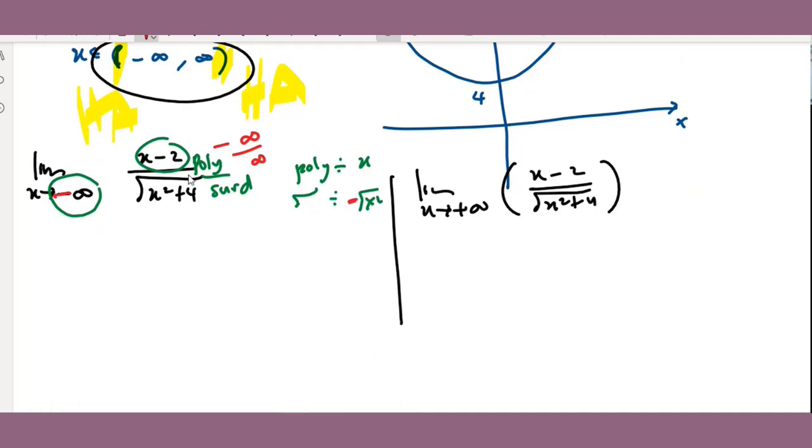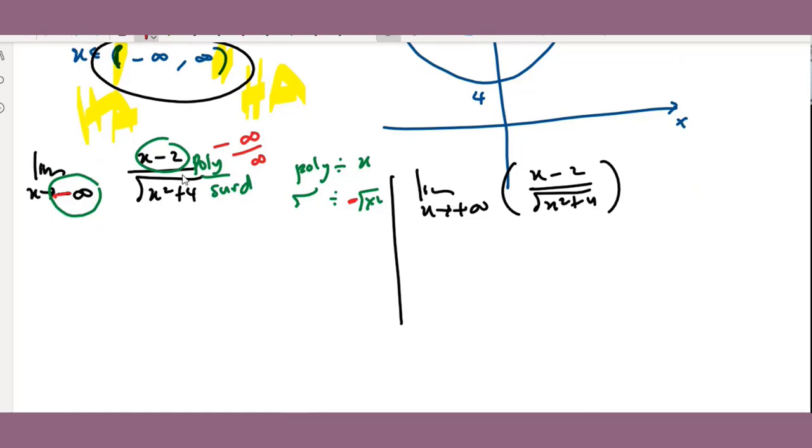When x approaches a value a, you need to multiply with the conjugate.